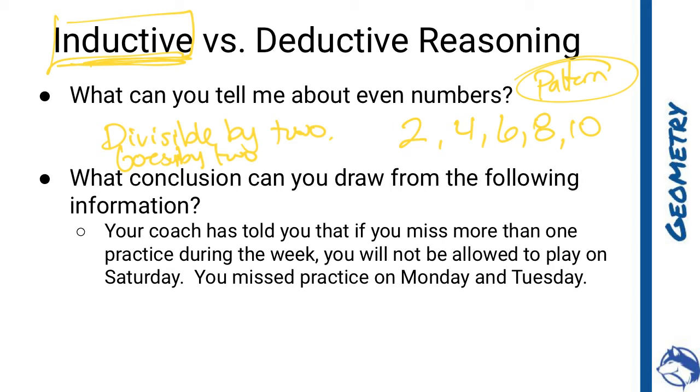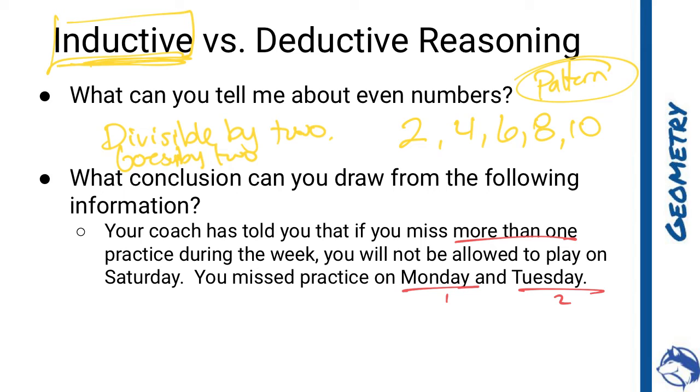So what conclusion can we draw from the following information? My coach has told me that if I miss more than one practice during the week, I'm not going to be allowed to play on Saturday. I missed practice on Monday and Tuesday, so I missed practice on 2 days, which means that I missed more than one, because this is the first day, that's the second day.